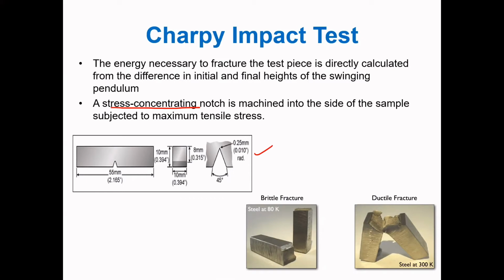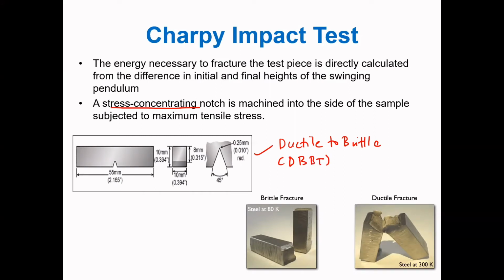So a Charpy test shows whether a metal can be classified as being either brittle or ductile. This is particularly useful for metal specimens such as ferritic steels that show a ductile to brittle transition, or DBTT.